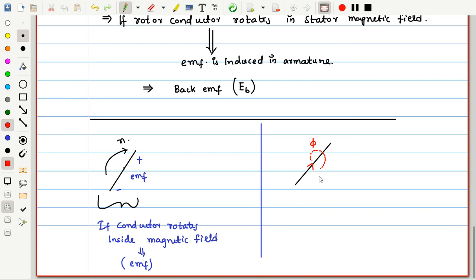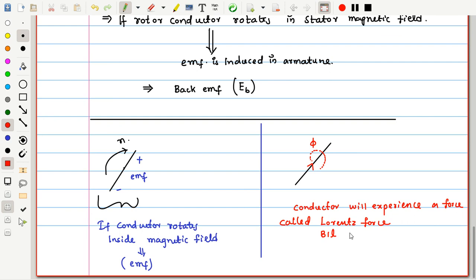As a result, the conductor will experience a force called the Lorentz force, which is equal to BIL.